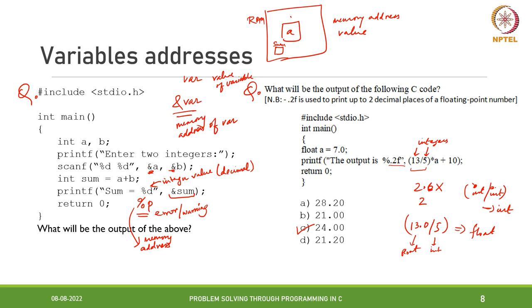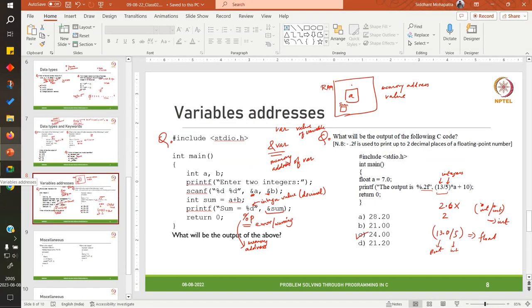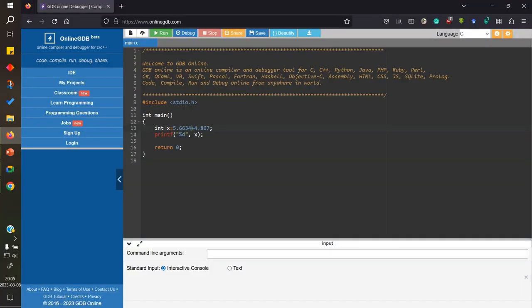So 13 by 5 will be evaluated first anyway. So 13 by 5 is 2.6, but whether that 0.6 will still stay or not is a doubt, right? Like whether it will be 2 or 2.6. Okay, let me do that quick operation and calculate that for you.